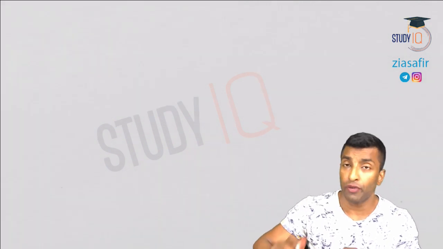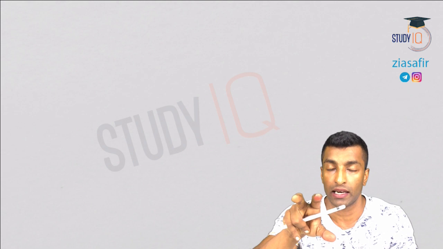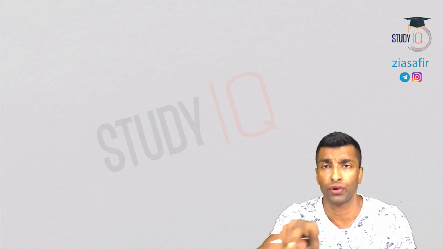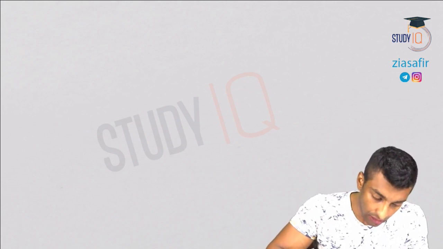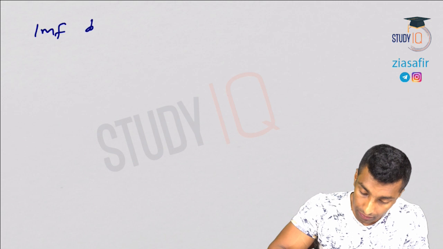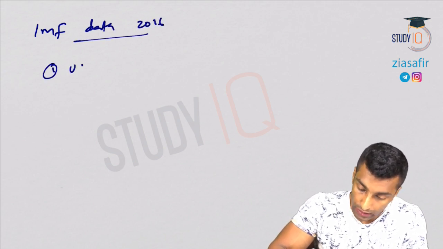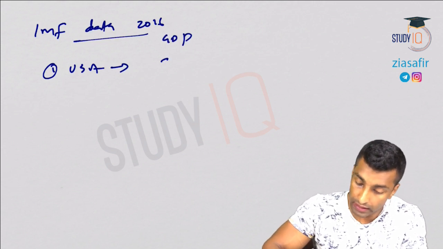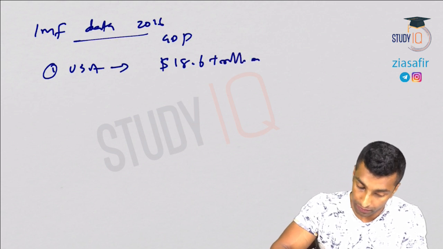Now, I'll show you different data in terms of market exchange rate, which economy is largest, and in terms of purchasing power also, which economy is largest. Again, in this year, you have to get the latest data. So the IMF data, 2016. US, their GDP, the same value I've told you already, 18.6 trillion.